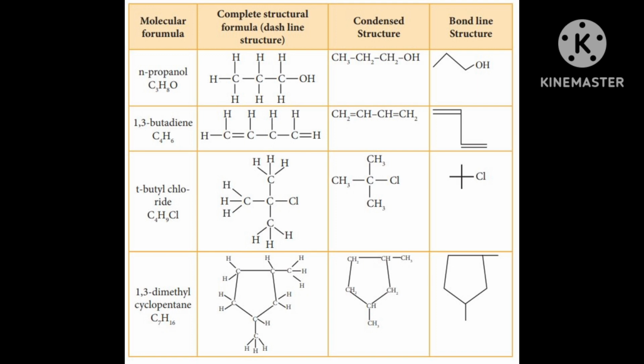How will you write this? 2 carbons on one side, 2 carbons on the other side, 1 carbon up, 1 carbon down, and join all of them. Then you will get 6 sides, just like a square has 4 sides and pentane has 5 sides.